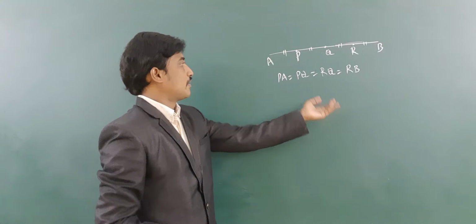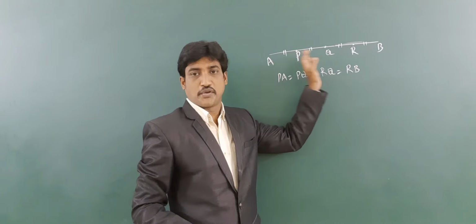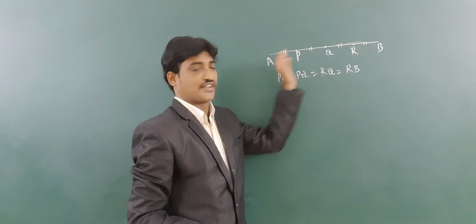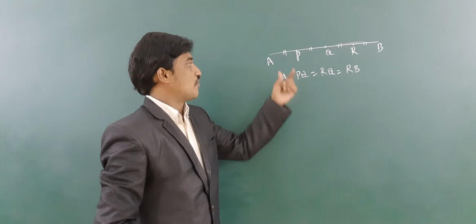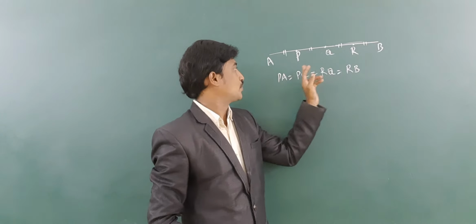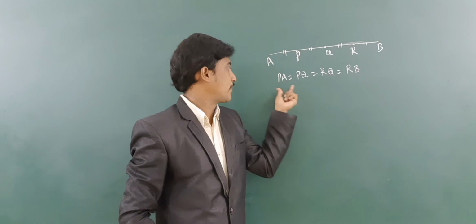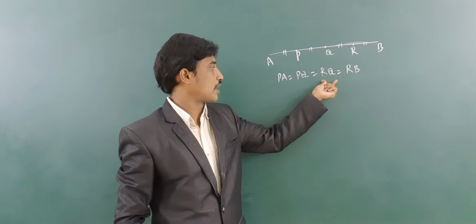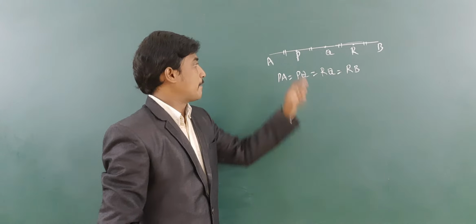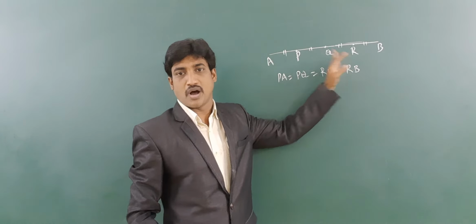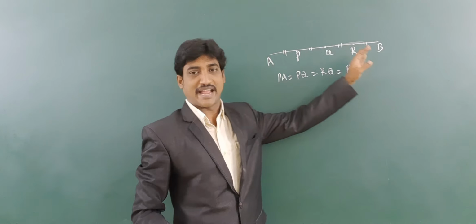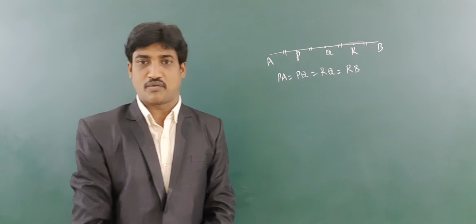Then P, Q, R are dividing line segment AB into 4 congruent parts. AP is equal to PQ is equal to QR is equal to RB. The points P, Q, R are dividing line segment AB into 4 equal parts.